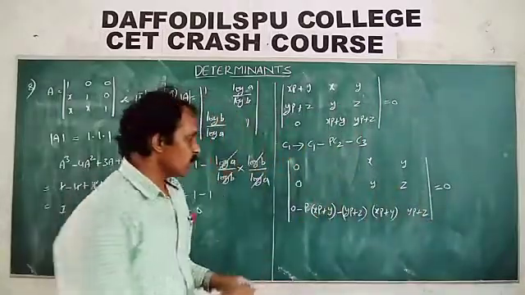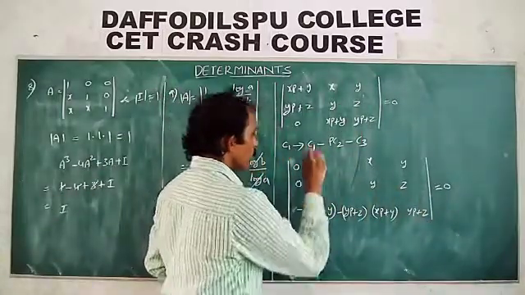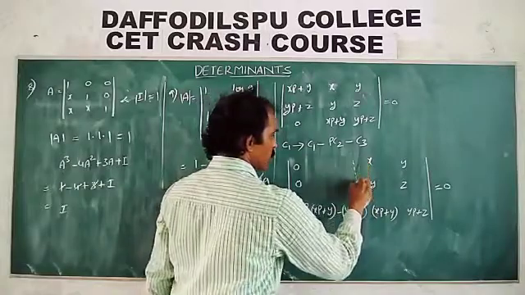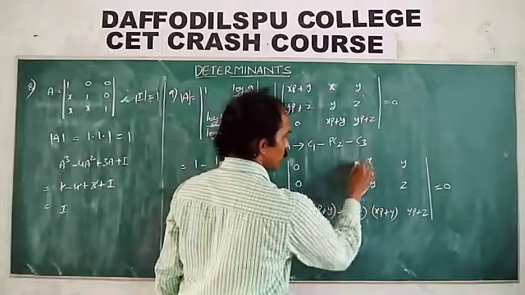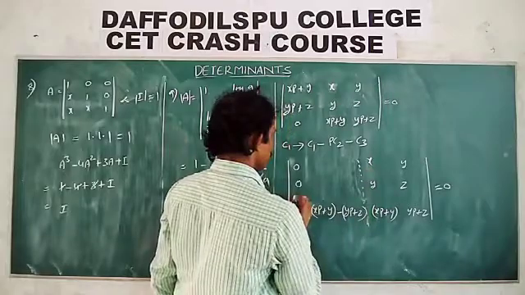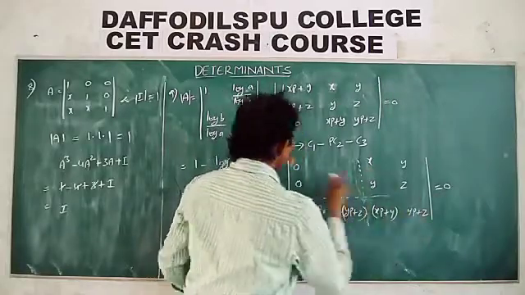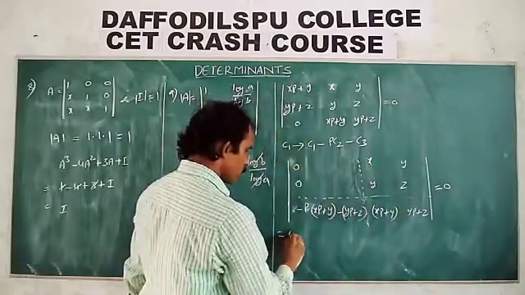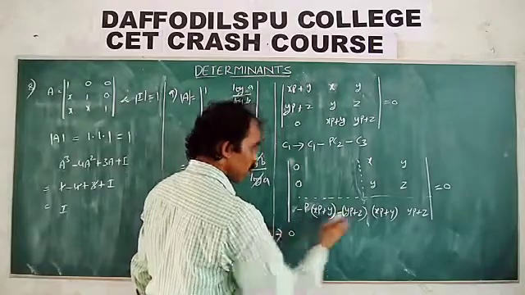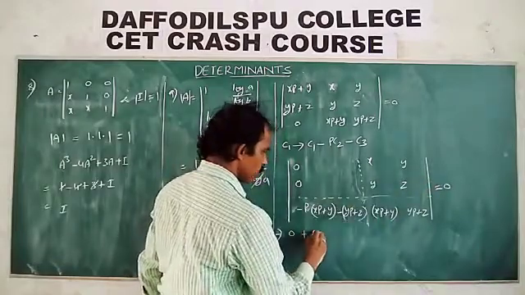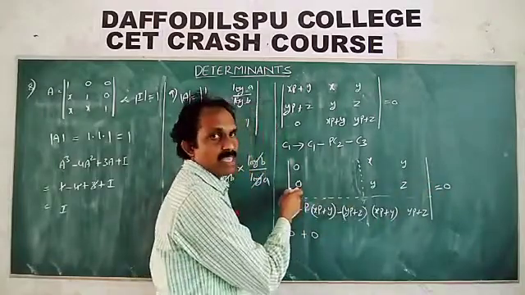And take determinant with respect to first column. The 0 is removed. With respect to first column, y means that side is equal to 0 plus, here is minus actually.